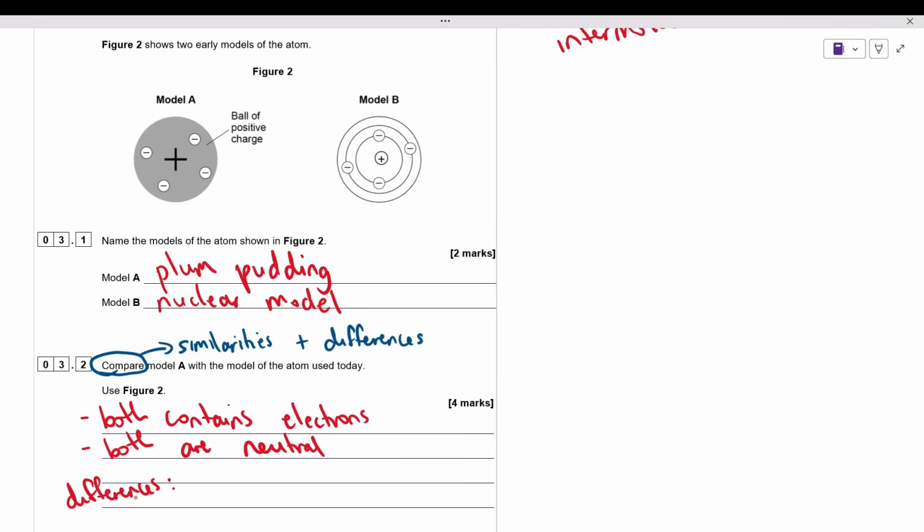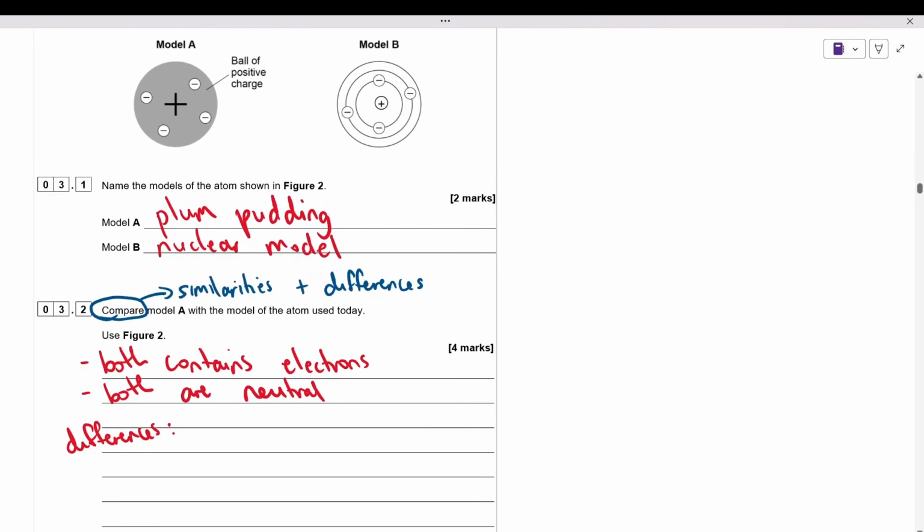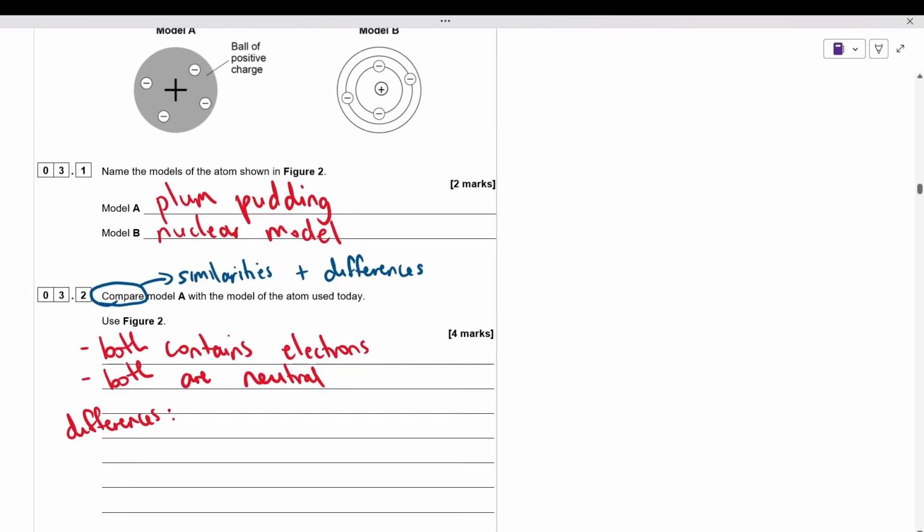Okay, so for model A, we can see that model A does not have a nucleus. So that is something that is very different in terms of the plum pudding model and the one that we're using today.